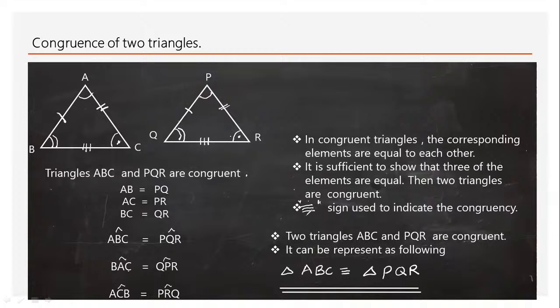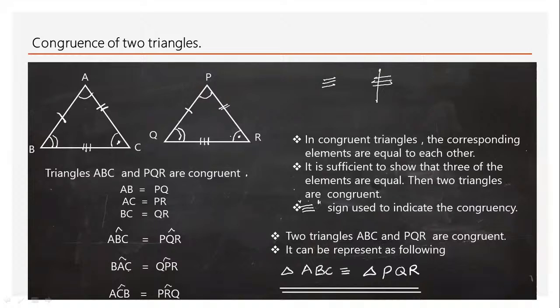We use this sign for representing the congruency, right? It is used to indicate the congruency. Not the congruence sign, we are using this sign, right? 2 triangles ABC and PQR are congruent. It can be represented as follows. So how can we write?